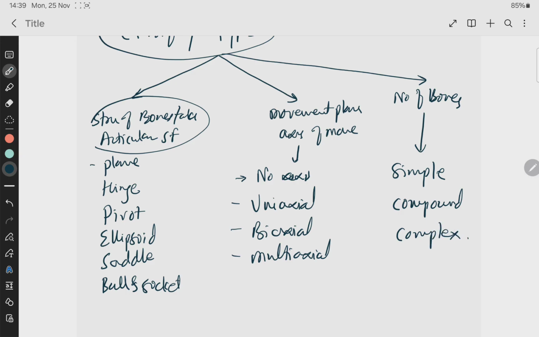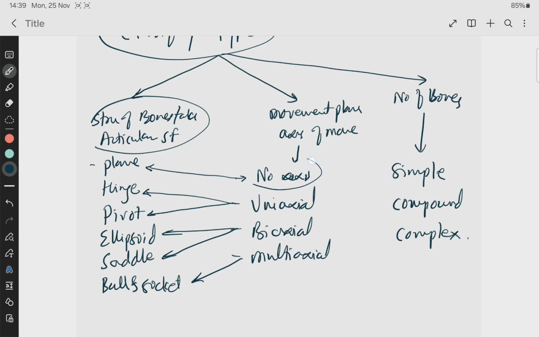One by one, we are going to see. Non-axial is the plain synovial joint. Uniaxial will be hinge and pivot type of joints. Biaxial will be ellipsoid and saddle, and multi-axial is the ball and socket type of joints. So no axis of movement, plain synovial joint.